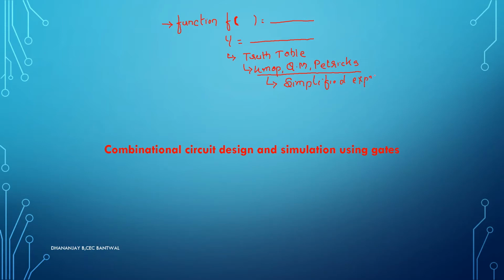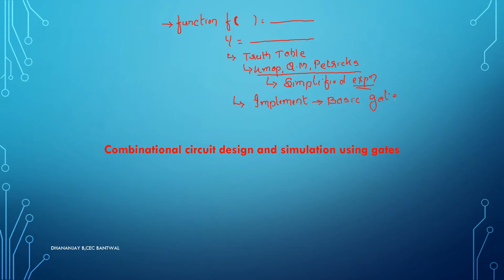Once this expression is with you, what is the next step? The next step is all about the circuit. Designing is already done; I need to implement it. Initially, I'll try to implement the given expression using the basic gates.